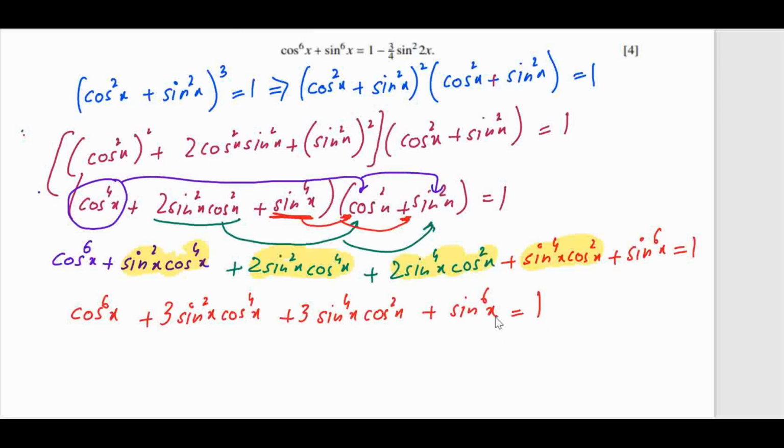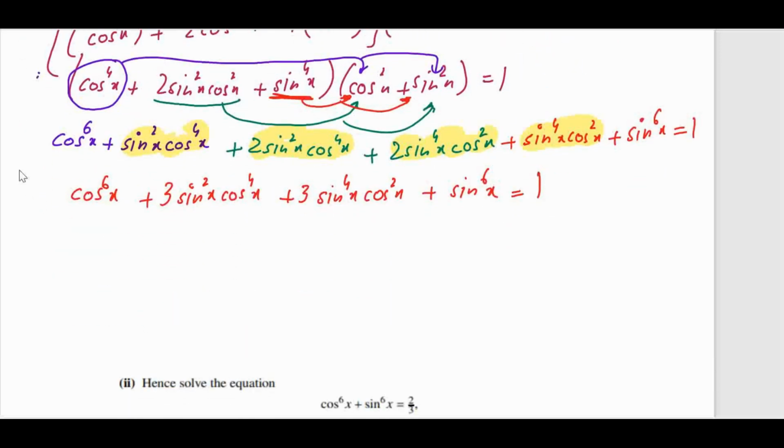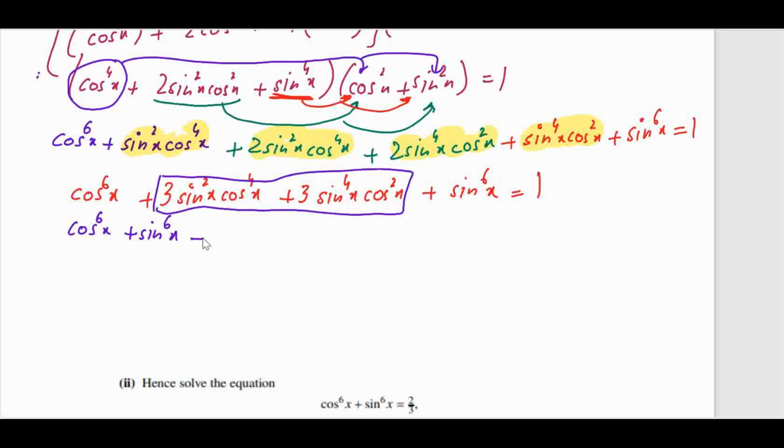Now let me write it in proper order. This will be cos 6 of x plus sine 6 of x. Now we can take something common from these two terms. So this will be 3 sine square of x, we can take this one common and then cos square of x. So the remaining terms will be cos square of x plus sine square of x, which is equal to 1.